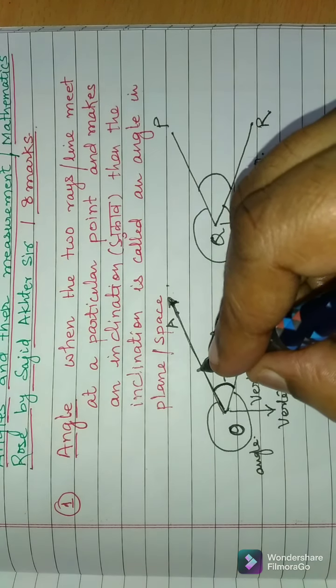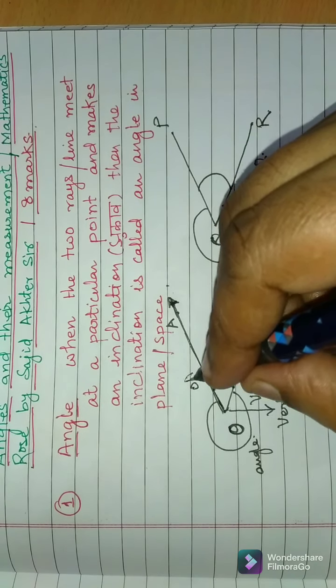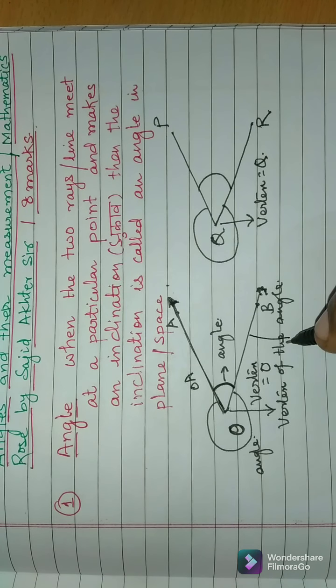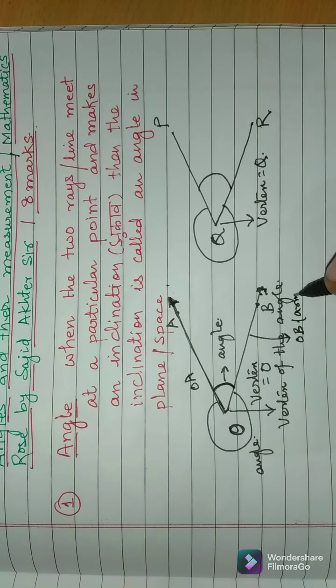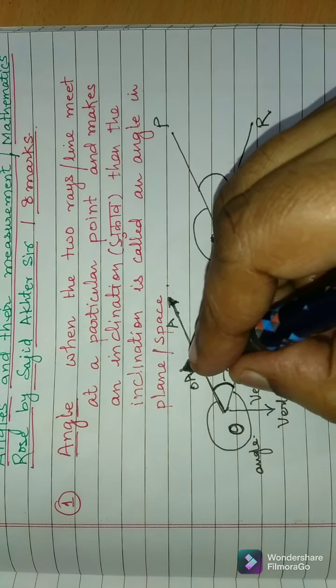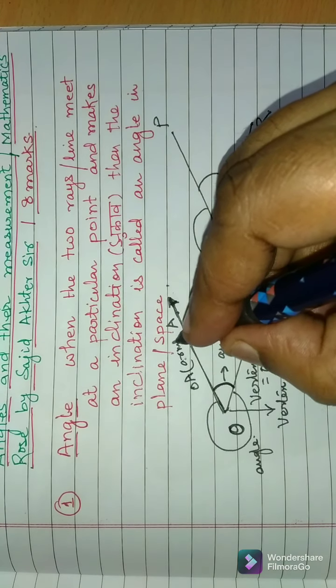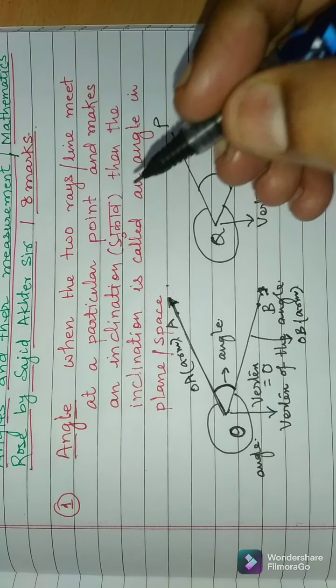Then these line segments OA and OB are called the arms of the angle. So OA is an arm and OB is also an arm. So every angle has two arms.